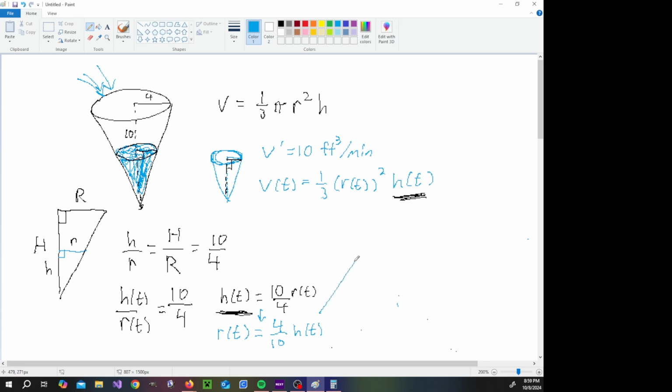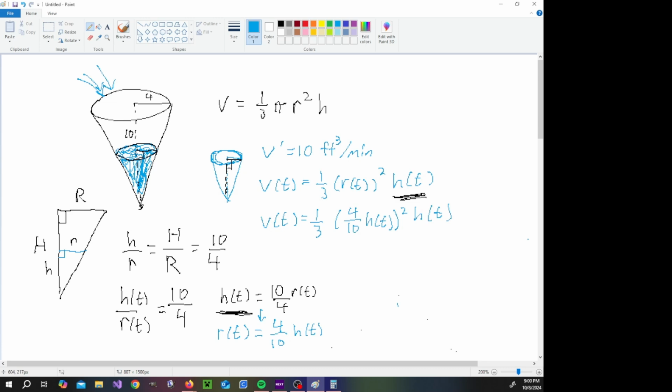Now I plug that in. I drew the arrow to the absolute wrong point. Now I can plug that in and get v of t is 1/3 times 4 over 10 times h of t squared times h of t.